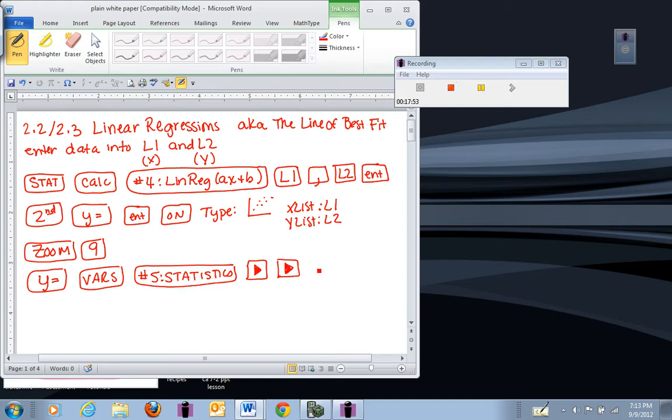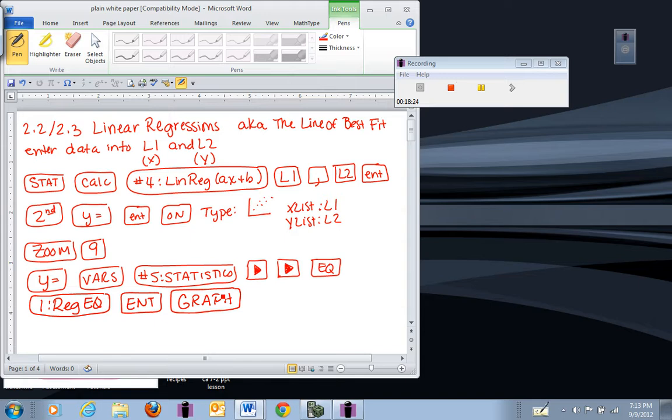And then we chose EQ, didn't we? Then after we chose that EQ, we picked number 1, which said regression equation. And then I think we hit enter, and then we hit the graph button. The graph button would then graph the line with the scatter plot on our window. I think that's what we did.